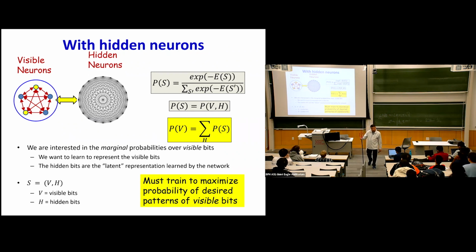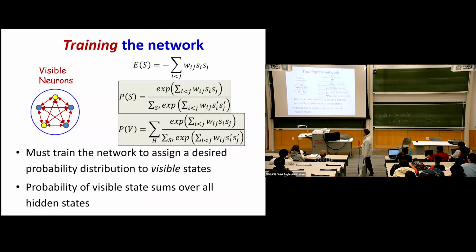So you'll be considering all patterns where the first V bits are the pattern you're interested in, and you're going to have 2 raised to k such things. So you're computing P of S, which is P of V comma H. You're marginalizing out H, so you're summing over all possible H. That gives you P of V, right? And this is what you're going to be maximizing.